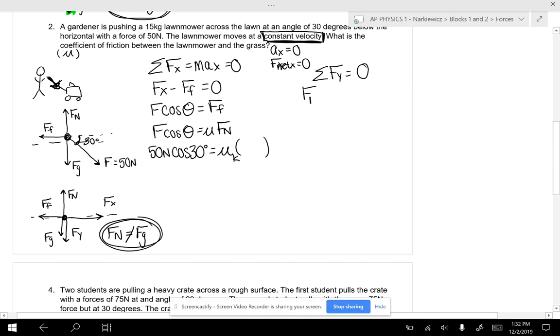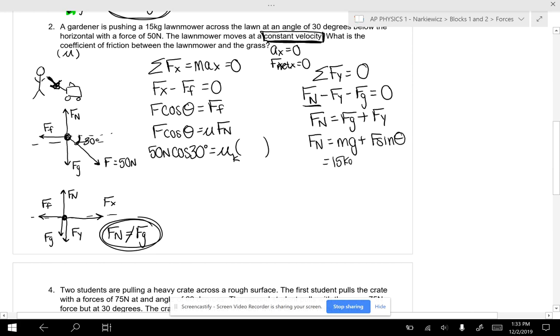The only upward force is the normal force, so we're going to subtract that y component and the force of gravity. It's going to equal 0. Again, we're solving for the normal force, so the normal force ends up equaling the force of gravity plus the y component of the force this time. So we're going to equal mg plus F sine theta.